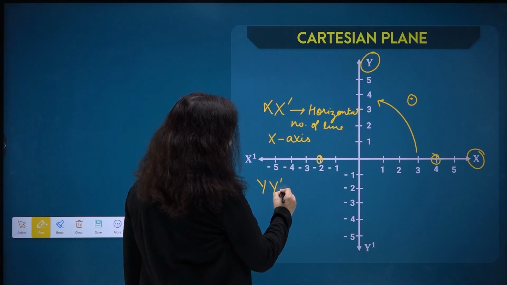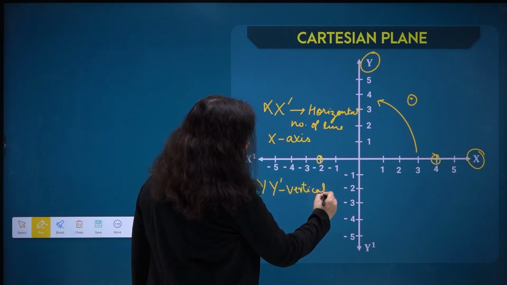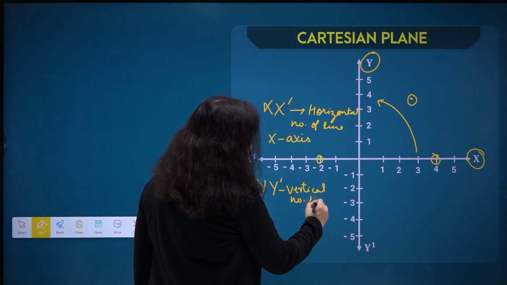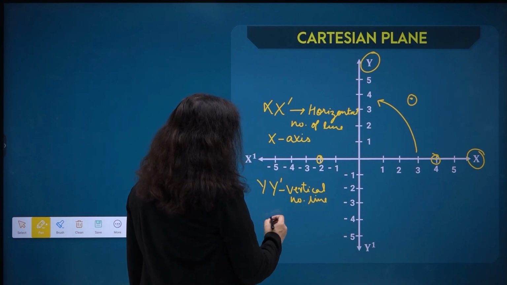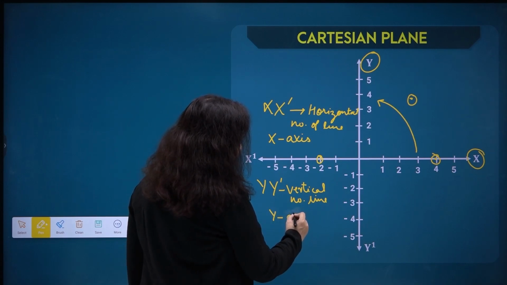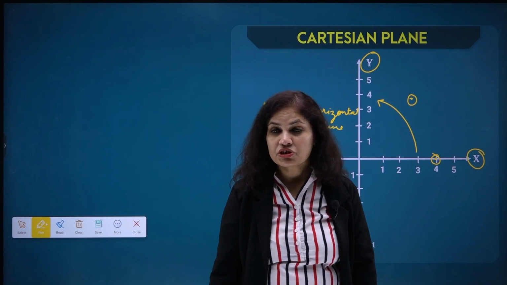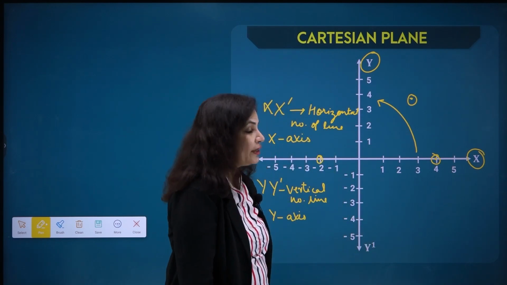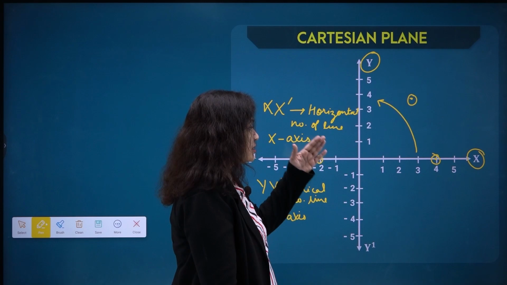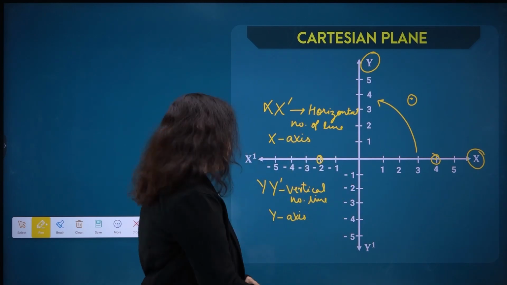Y dashed is my vertical number line, and we refer to it as the y-axis. So if I have to locate the position of a point on a plane, I will take the help of the horizontal and the vertical number line.